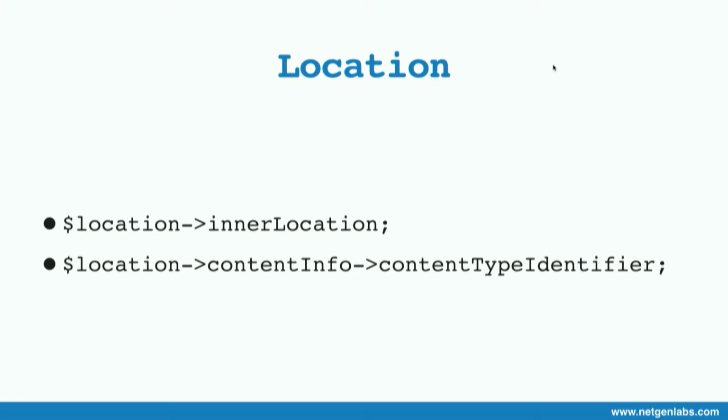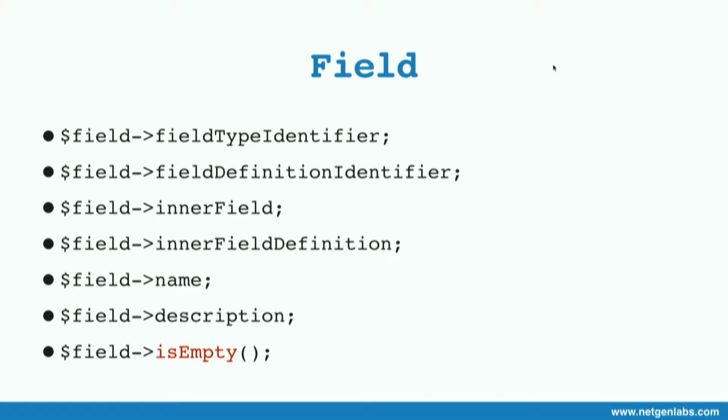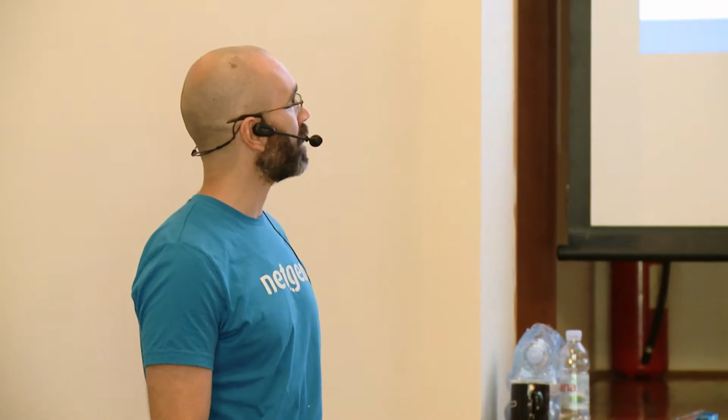Then the location object, which was really simple, practically the same as the repository location, aggregating the repository location and new content info containing the content type identifier. And the last one is field, which added field type identifier, which you also had to load through very verbose code.